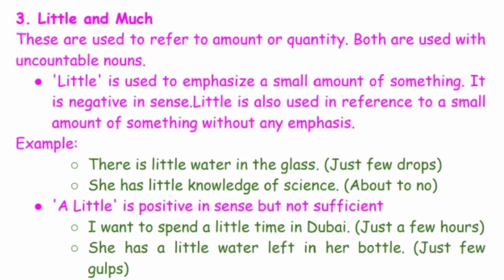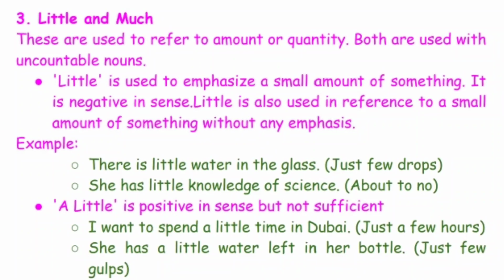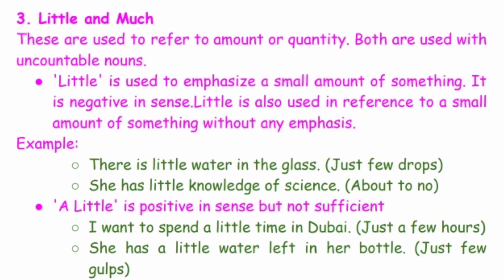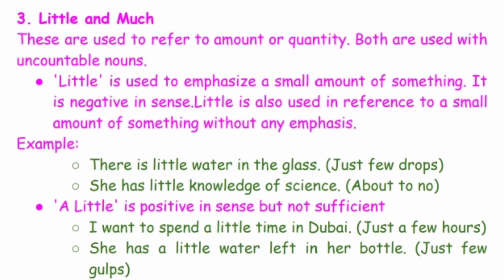There is little water in the glass shows just a few drops. In the same way, she has little knowledge of science. It means about to nothing. It can be said that she has no knowledge of science, but to make that positive, we use little knowledge. But it is about to nothing.